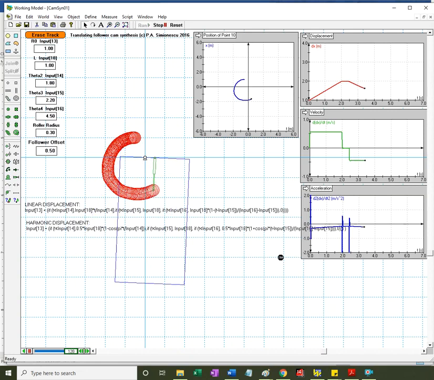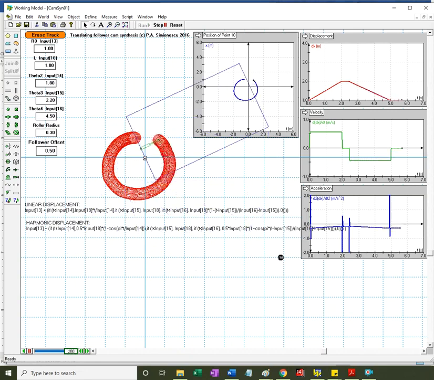And you see here, it's not like before, it's not a trick, it's not a cam that's there, but it's the follower that moves in accordance with, and you can see here it's linear, some dwell, linear rise, linear lift, linear return. I can control a number of parameters. I can control the radius of the roller.